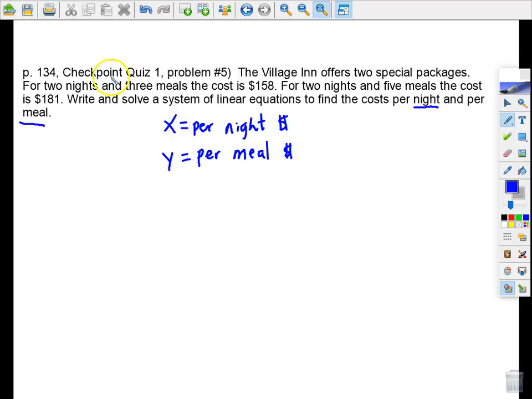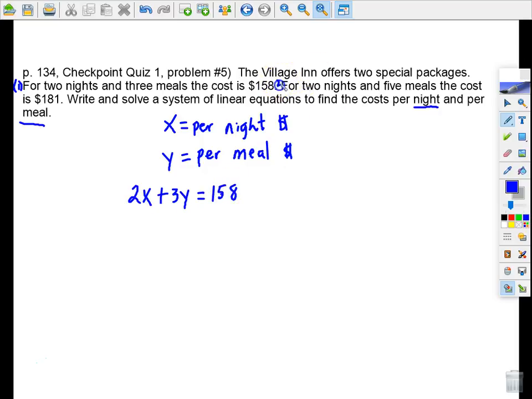So let's take a look at the first equation, how it's going to be made. This is my first package that's mentioned. For 2 nights, 3 meals, that totals $158 total cost. Okay, so that's pretty easy to set up. 2 times the per night cost plus 3 times the per meal cost, that totals up to be $158.